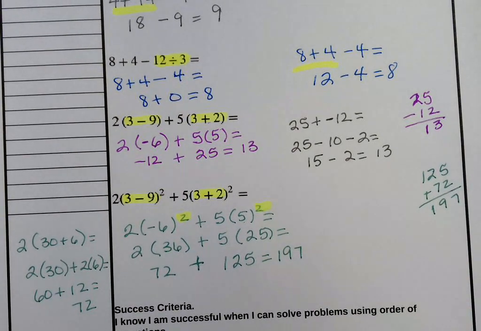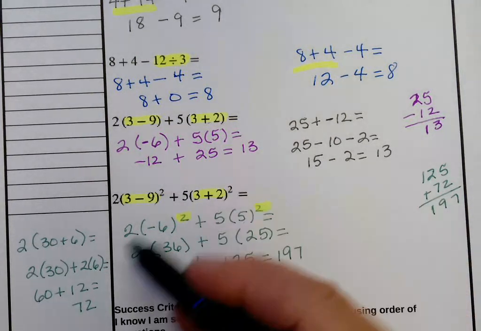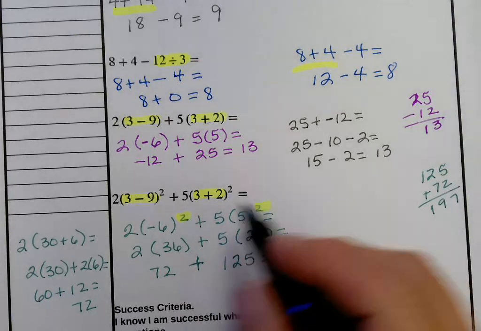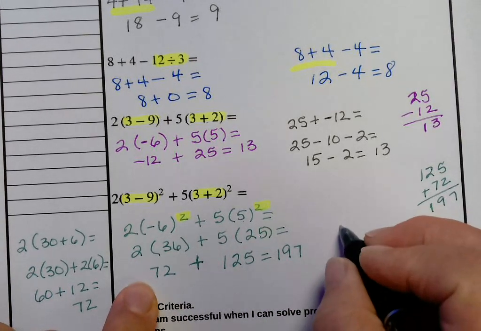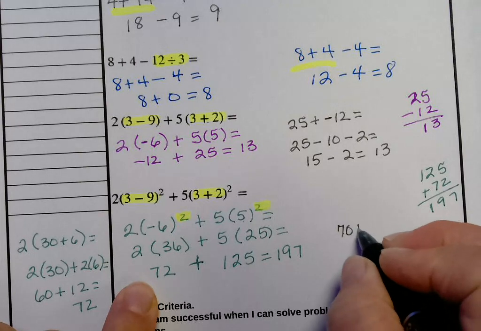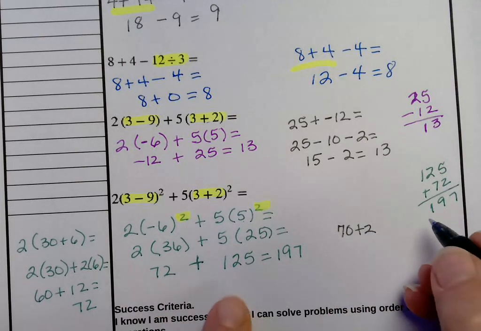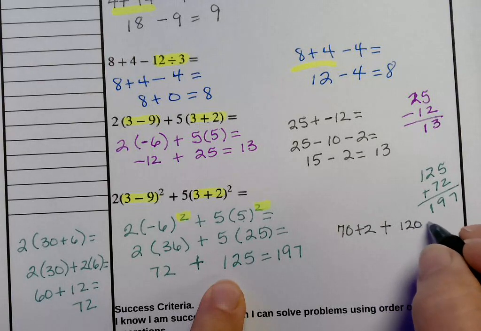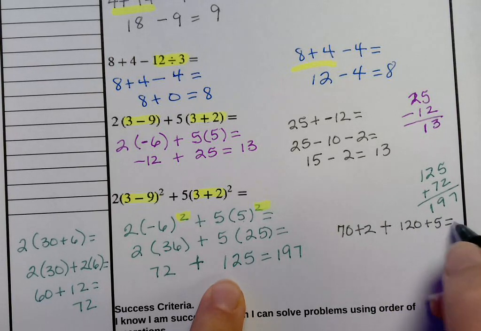How else could it be done? Okay, we can break it up just like we did over here, where we took the 30 plus 6. That was 36. So if I'm looking at 72, that is 70 plus 2. 125 is 120 plus 5.